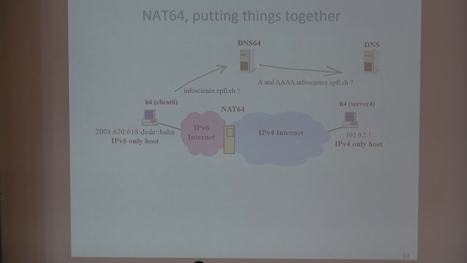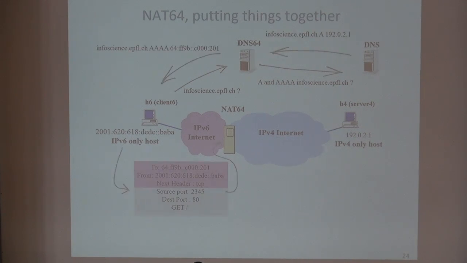So if we put things together, this is what we obtain. We will map the IPv4 address and IPv6 address, which is very convenient in one direction. And then we will also map the IPv6 address to IPv4 address.